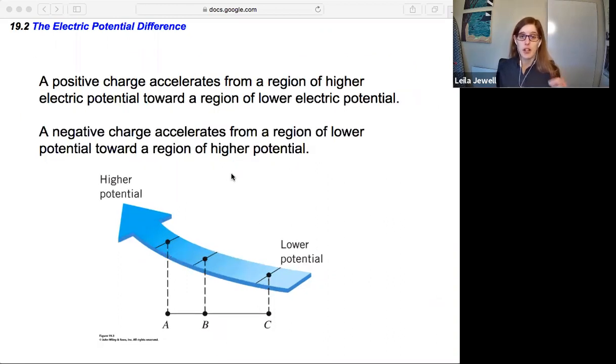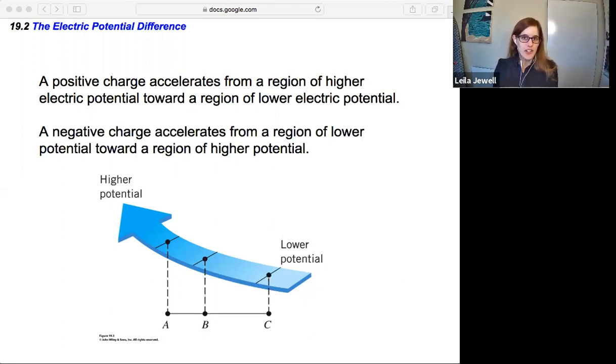And that's that a positive charge is going to accelerate from a region of higher potential toward a region of lower electric potential. The positive test charge is just like the ball, where it's going to accelerate towards a lower height, right? If you could start out at a higher height or a higher electric potential, it's going to naturally want to accelerate towards the lower electric potential, the lower height.